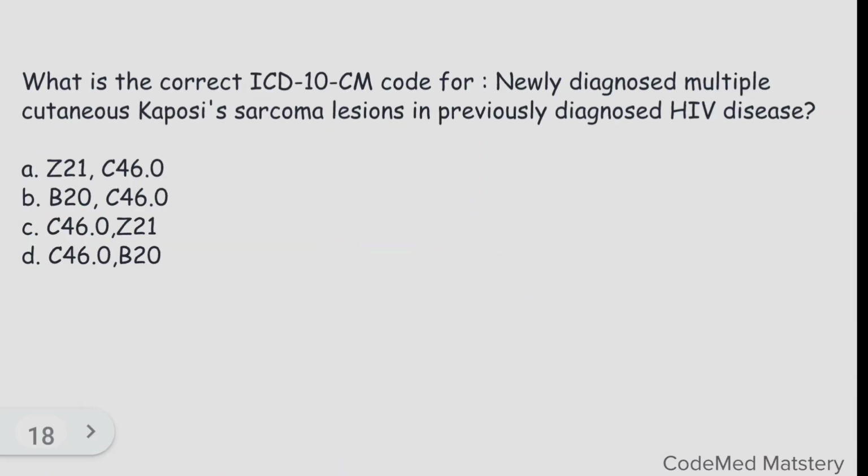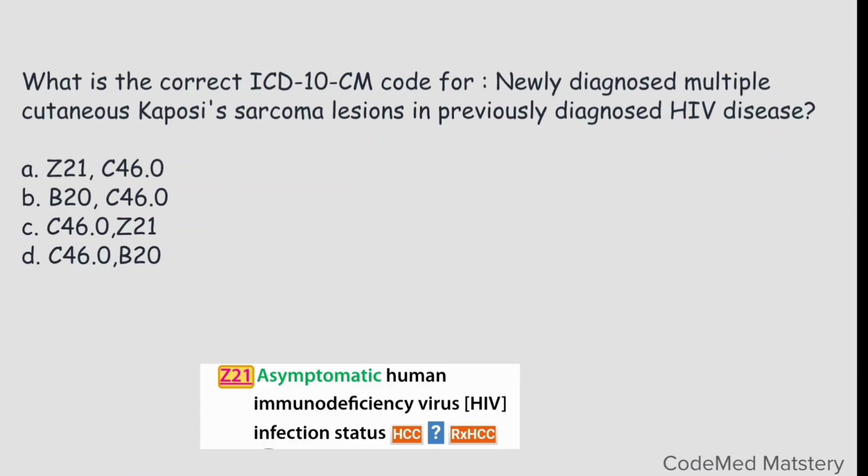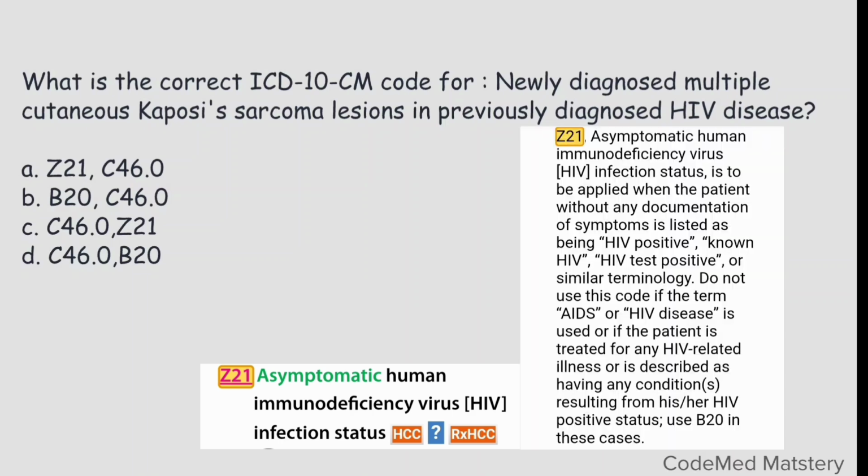Next question. What is the correct ICD-10-CM code for newly diagnosed multiple cutaneous Kaposi sarcoma lesions in previously diagnosed HIV disease? In option A, they have mentioned Z21. But Z21 is for asymptomatic HIV infection status, which has to be applied when the patient without any documentation of symptoms is listed as HIV positive.